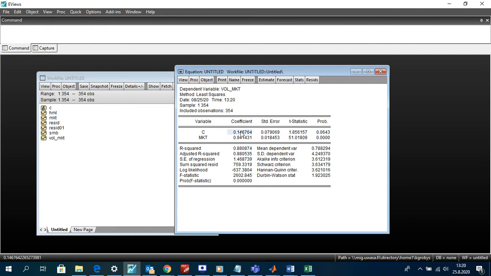So in this case, based on a 5% significance level, and given that the residuals are normally distributed, we would come to the conclusion that the volatility-managed market factor does not expand the mean-variance frontier.